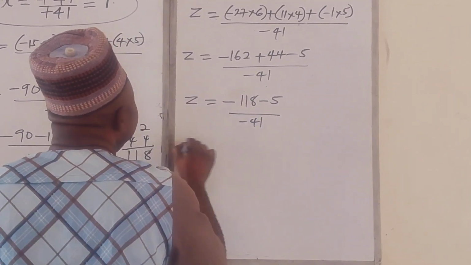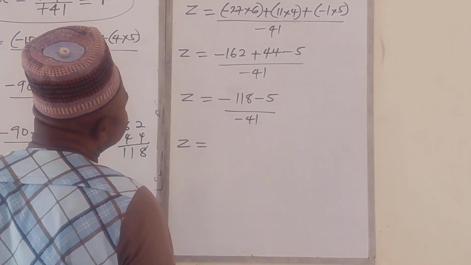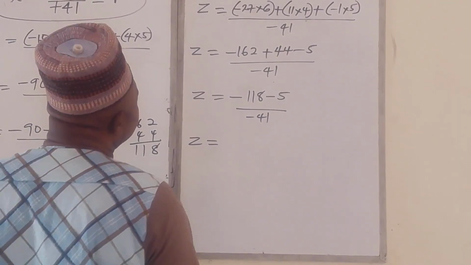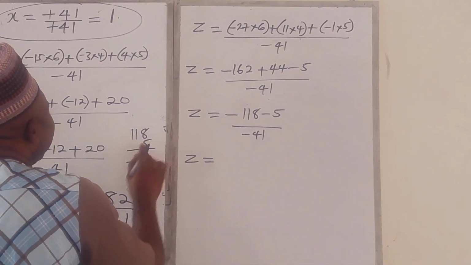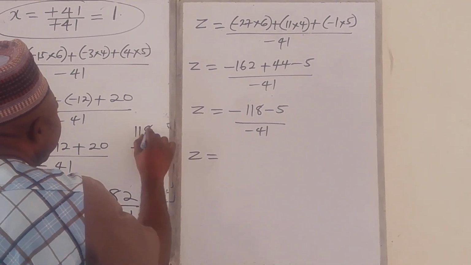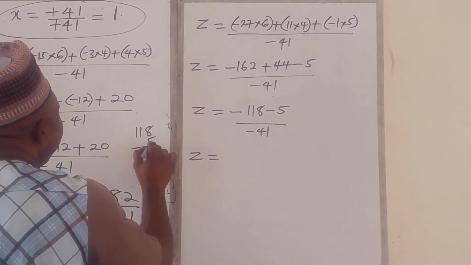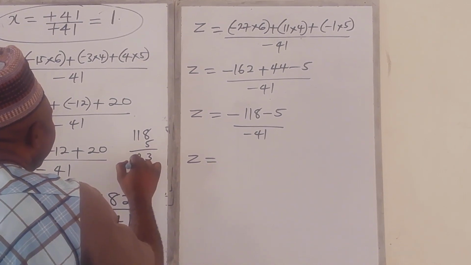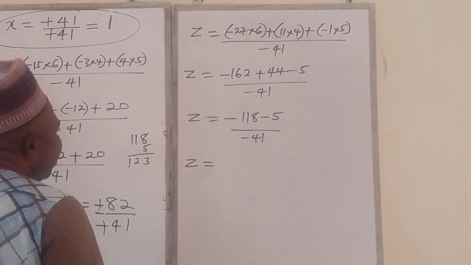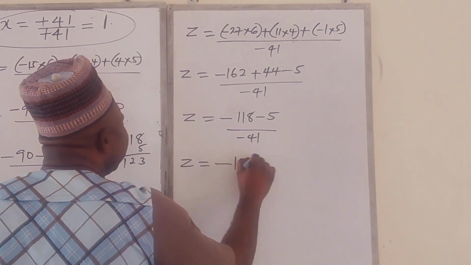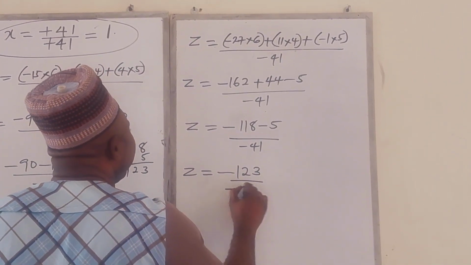So the value of z will be equal to 118 plus 5. 118 plus 5, here we have 3, that's 13, so here will be 2, and here will be 1. So 123. So we have minus 123 divided by minus 41.